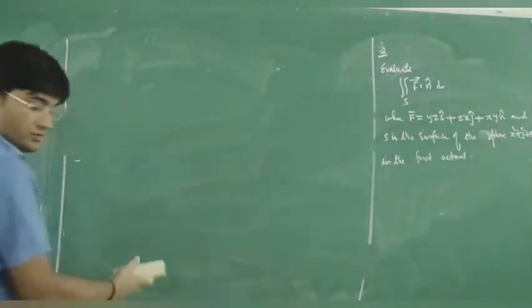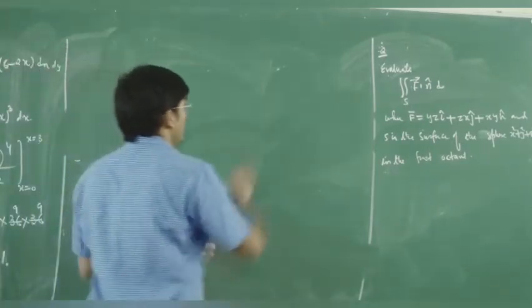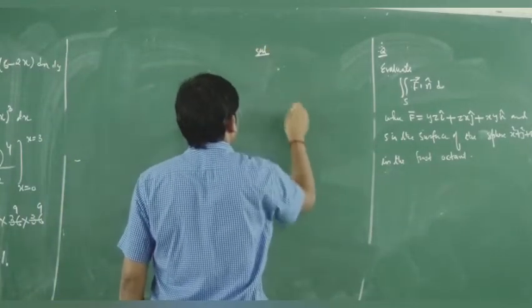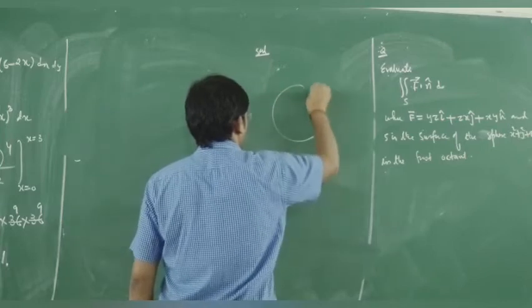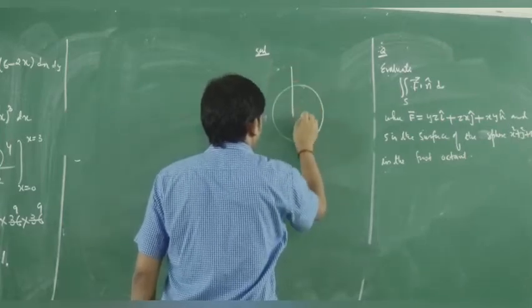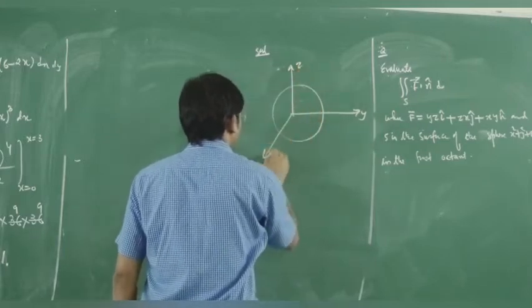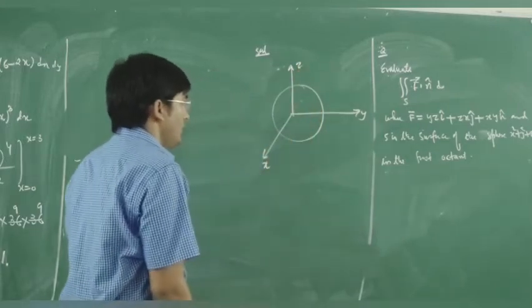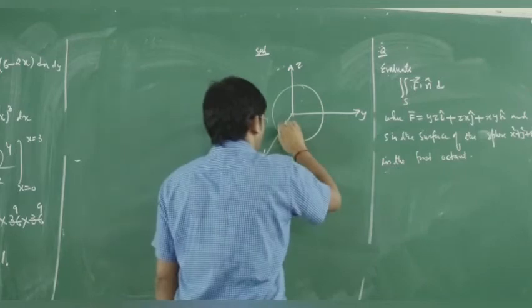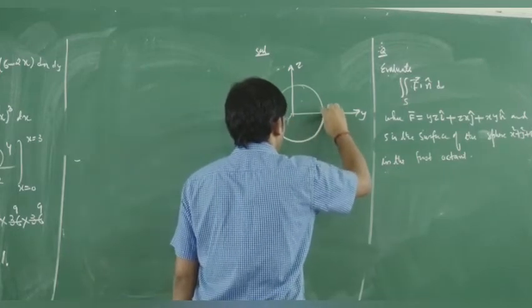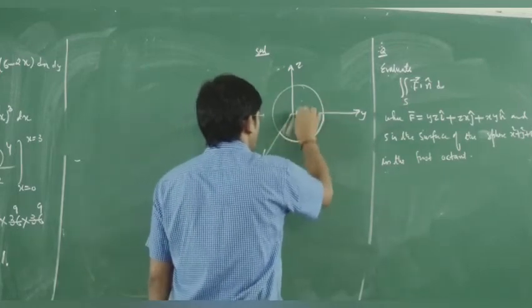Let us solve it. So, solution: say this is your y axis, this is your z axis, and this is your x axis. Now let us consider this as the circle.